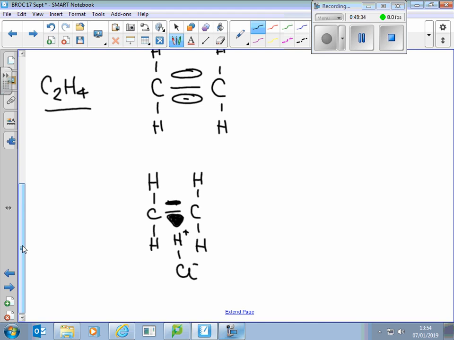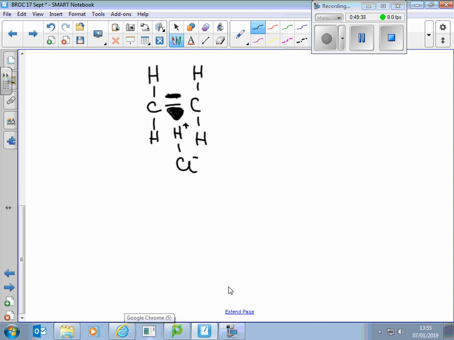And as that happens, the electrons in the bond here are actually repelled towards the chlorine. Right? These electrons being pulled towards the hydrogen will tend to push those electrons towards the chlorine.